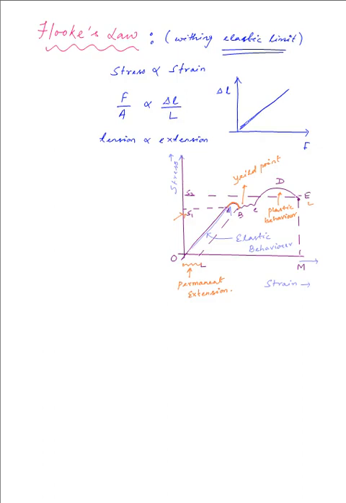Now most of the factories which produce materials come up with the factor of safety for a given material. The factor of safety is given by the ratio of the breaking stress.